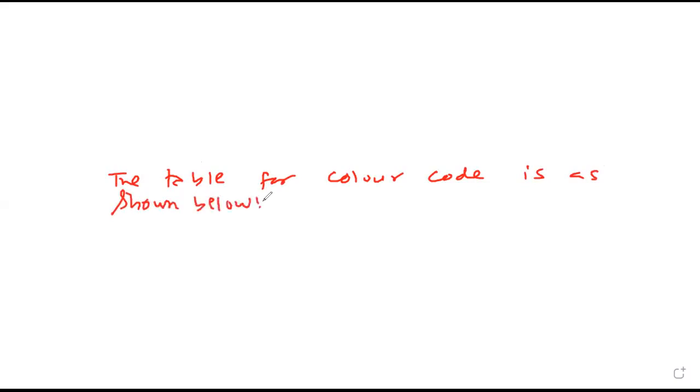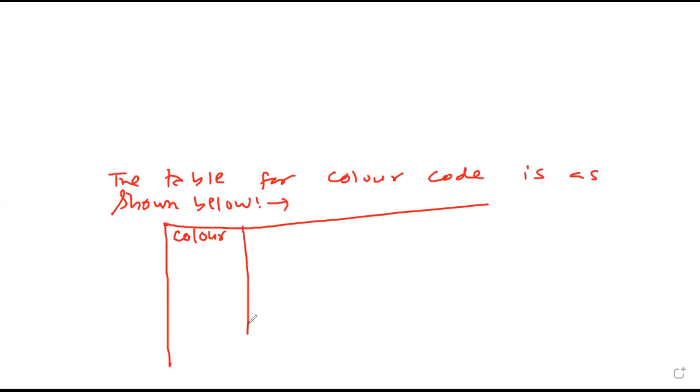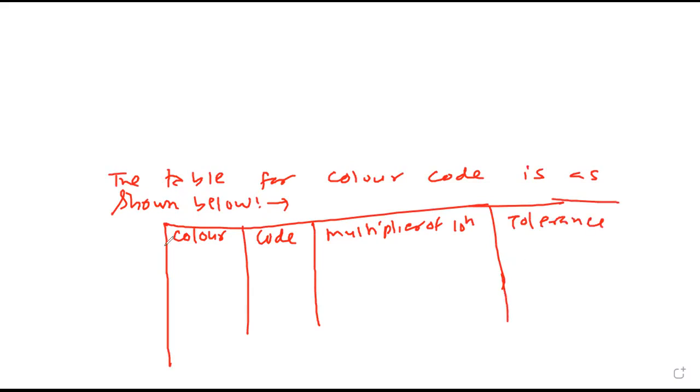The table for color code is as shown below: color, code, multiplier of 10 raised to n, tolerance. Okay, first make the table.